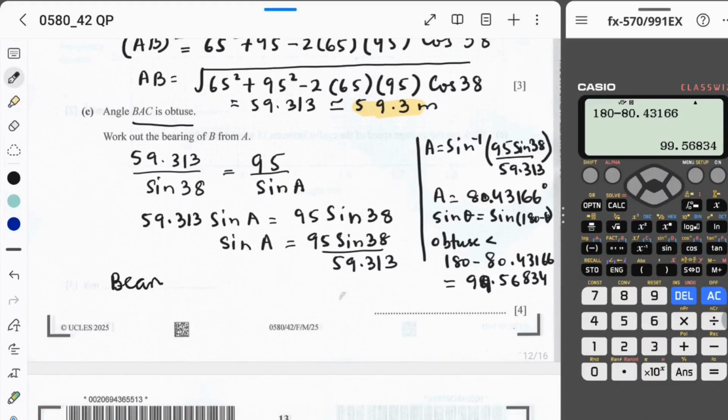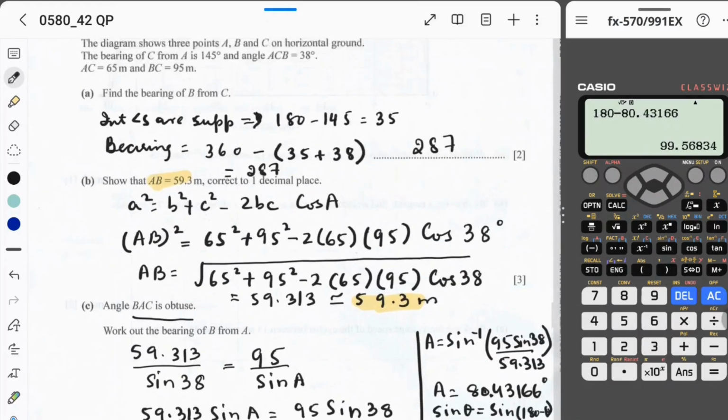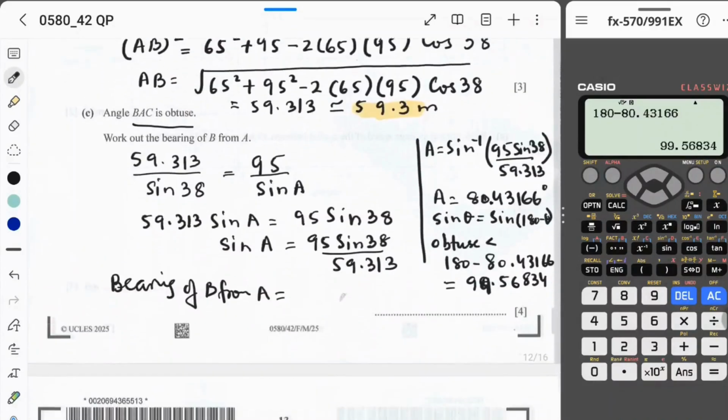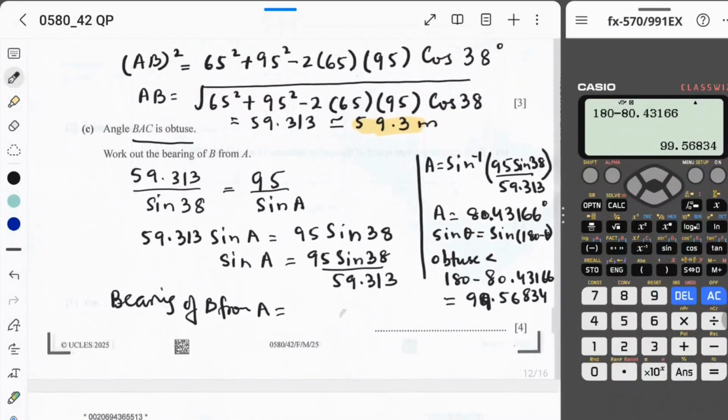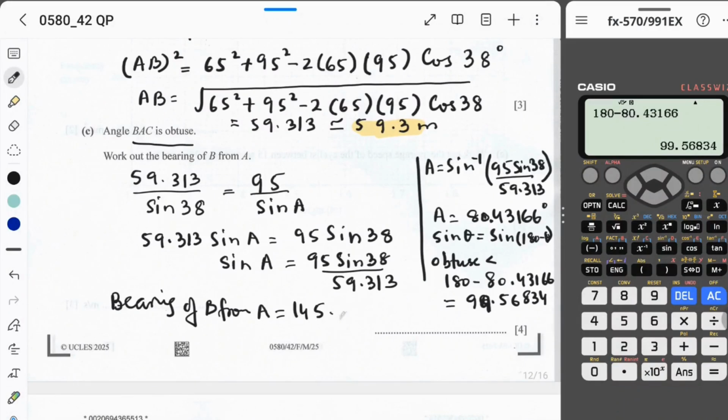So bearing of B from A is equals to 145, the angle which was already the bearing of C from A. Okay, so just 145 plus 99.57, which is equals to 244.57.